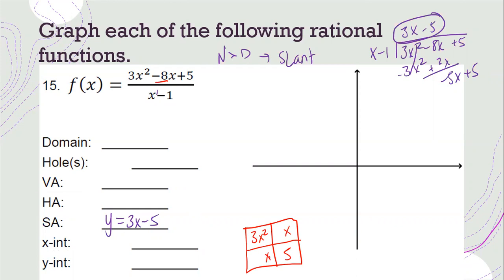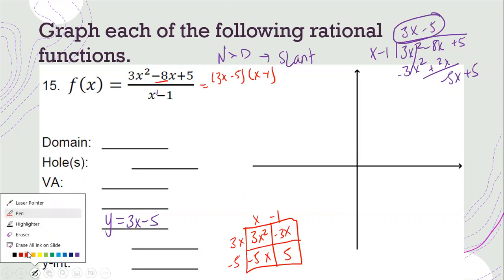There we go. We need a negative 5 and a negative 3. Greatest common factor is negative 5. Greatest common factor is 3x. Greatest common factor is x. Greatest common factor is negative 1. So our factors are 3x minus 5 over x minus 1.